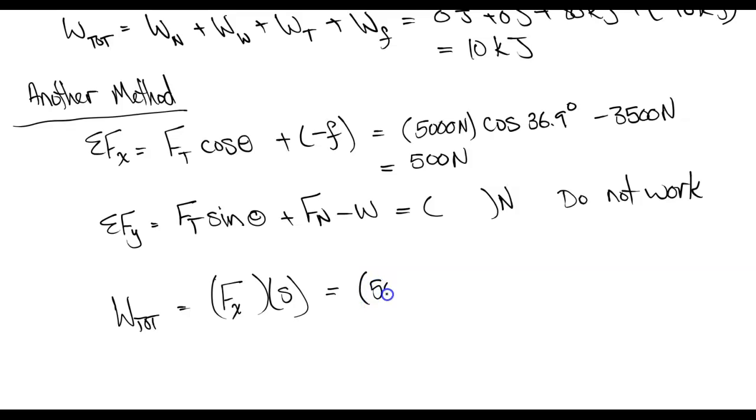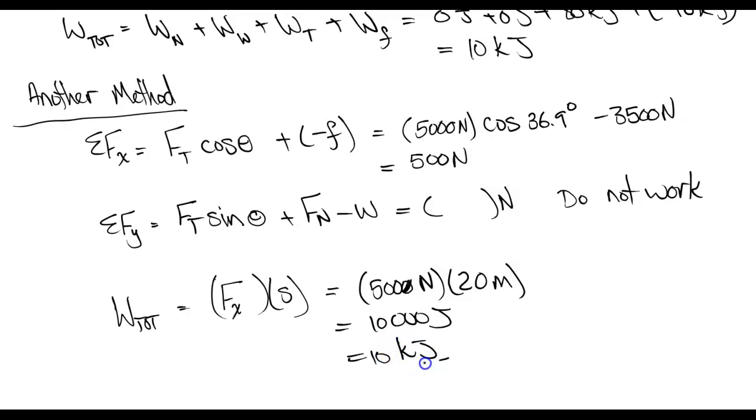So we get 500 newtons times 20 meters, which is 10,000 joules or 10 kilojoules, which is exactly the same as the answer we got before.